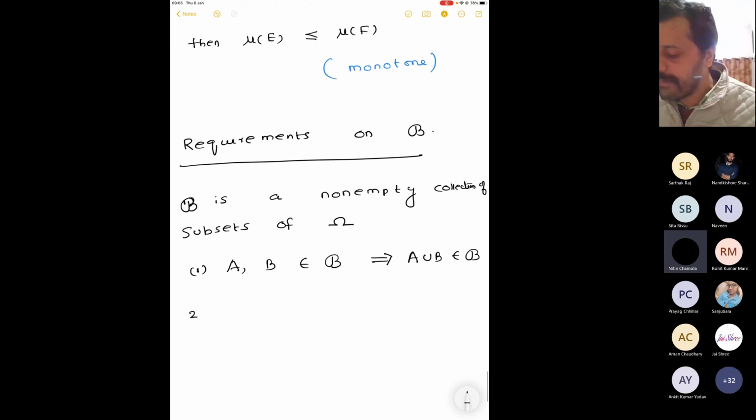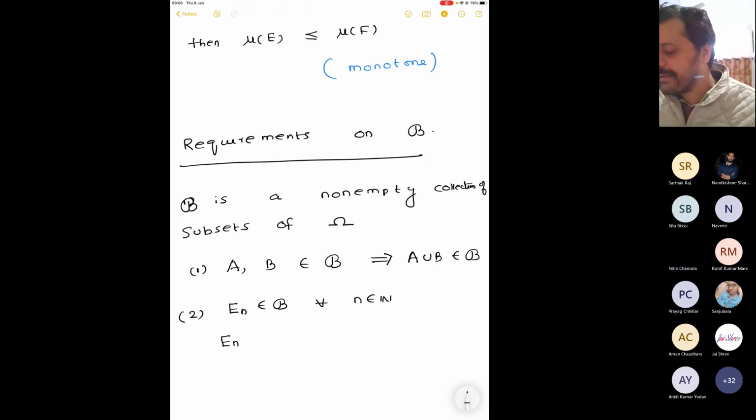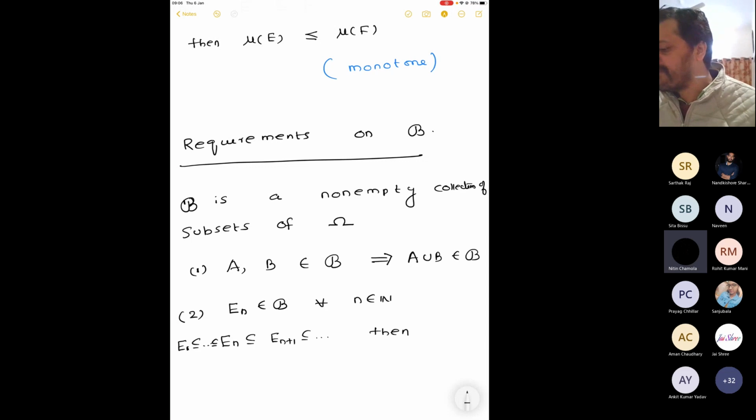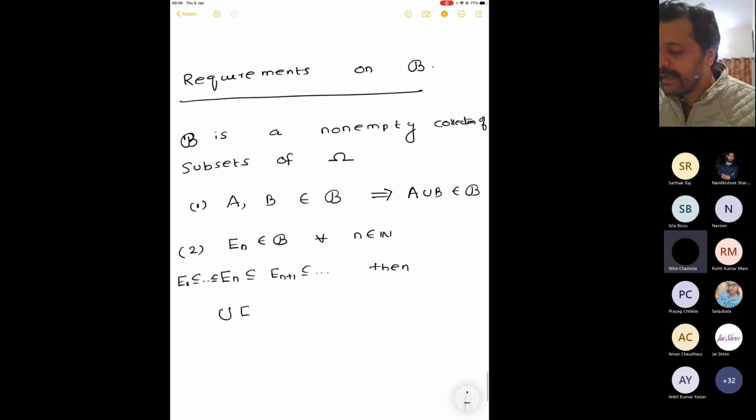And second one, what we expected is if En's are in B for all n in N and E1 is contained in E2 is contained in etc., is contained in En is contained in En plus 1 etc., then we wanted to measure their limit, namely union n equal to 1 to infinity. That should be in B.